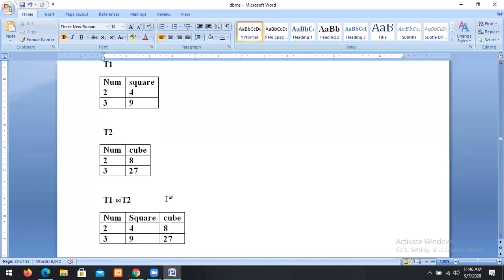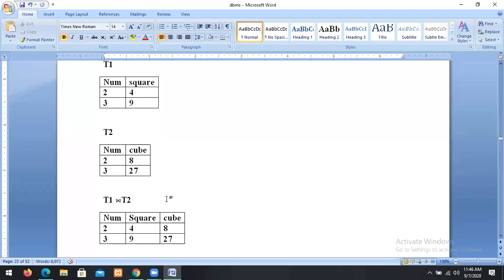The output of an inner join is only the condition-satisfied rows. Such a join is called an inner join.